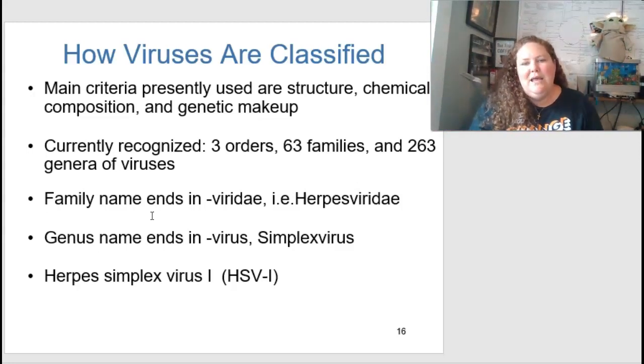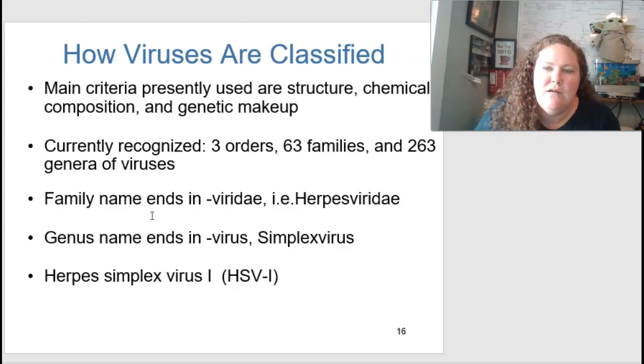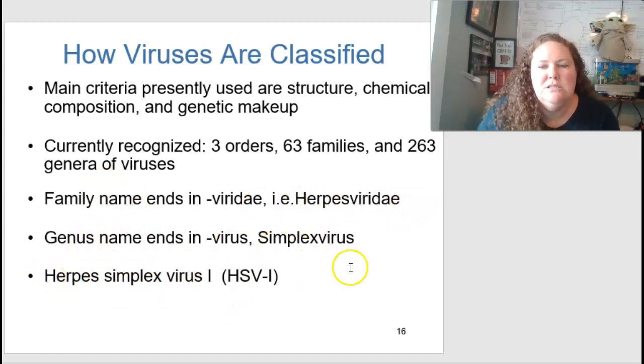The family name ends in viridae, for example, Herpesviridae, and the genus name is going to end in virus, so simplex virus. So we have the herpes simplex virus 1, and that would be in the family Herpesviridae, and then the genus of simplex virus.